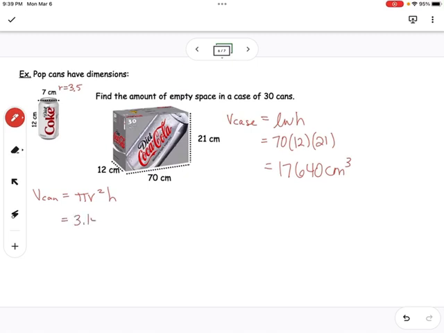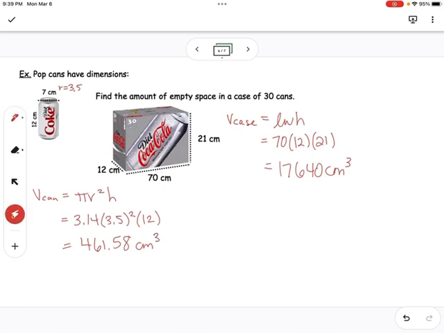So 3.14 times 3.5 squared times the height of 12. So 3.5 squared times 3.14 times 12. 461.58. Okay. So that's finding the volume of one can.